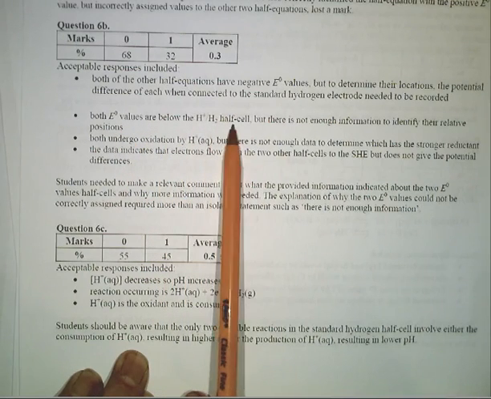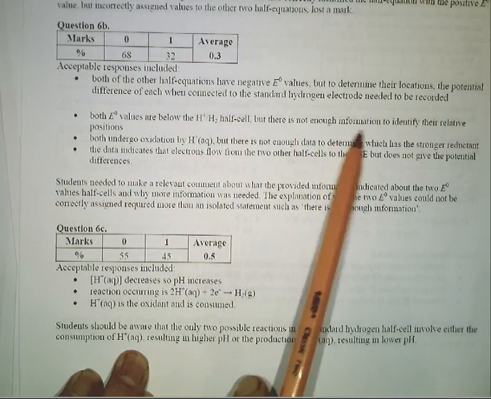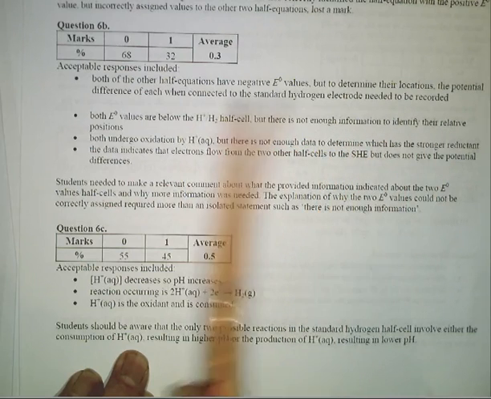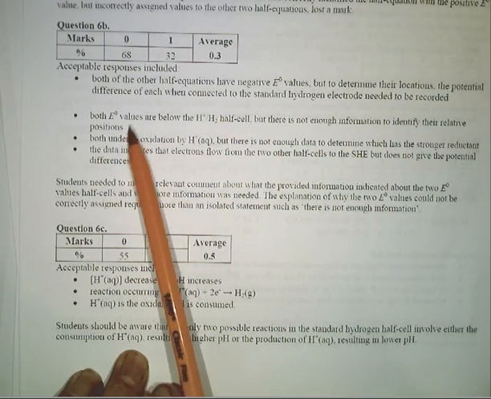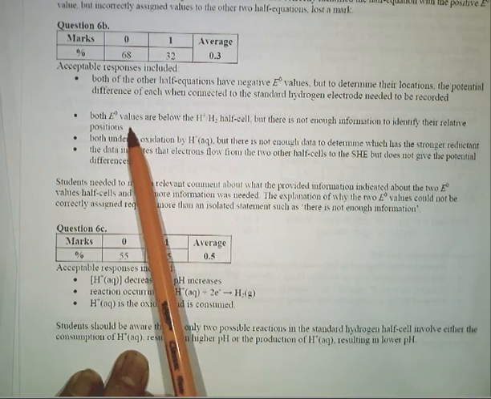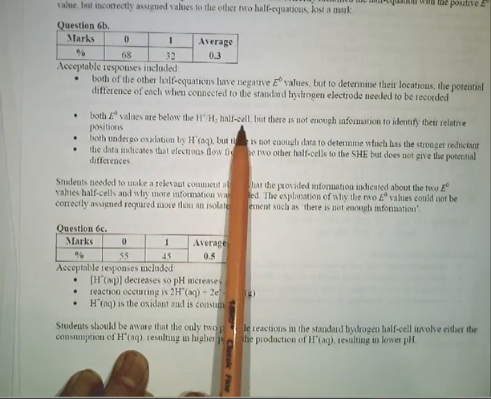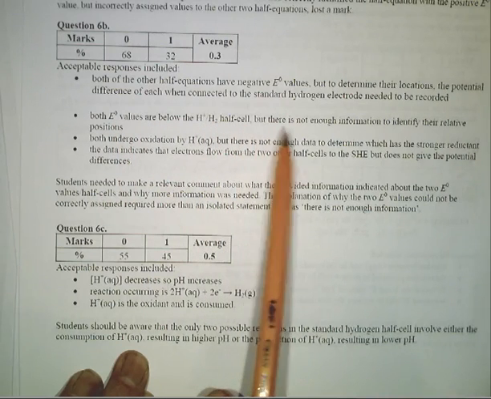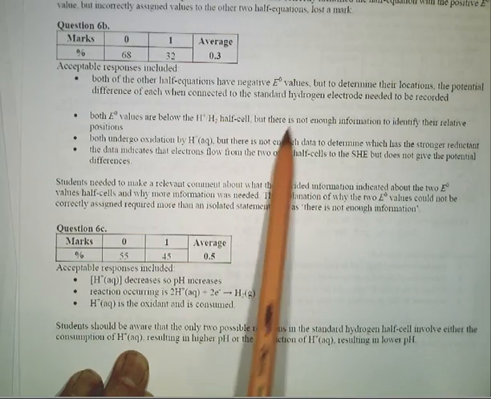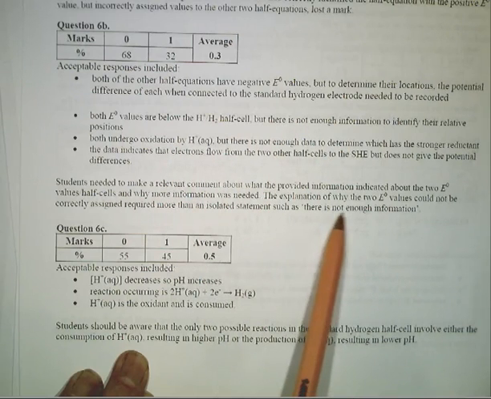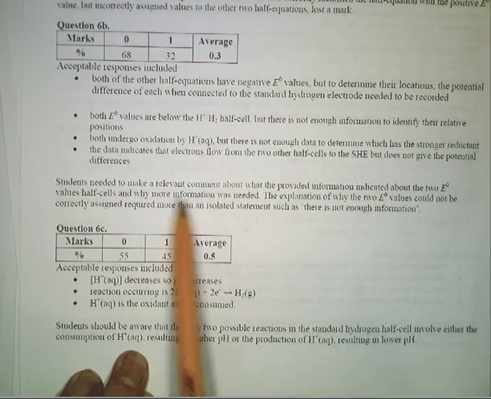Both of them are below there, but there is not enough information to identify their relative positions, their positions to each other. So the fact that you said that they're below the standard half cell, but there's not enough information to work out where they are, that's more than saying there's not enough information.